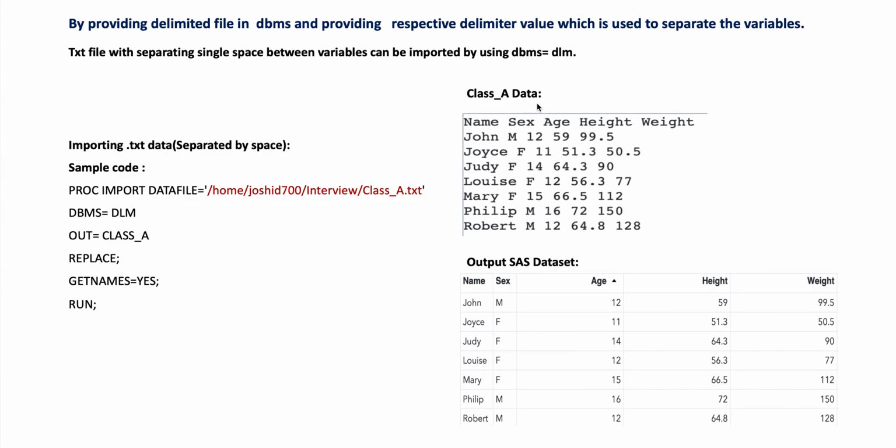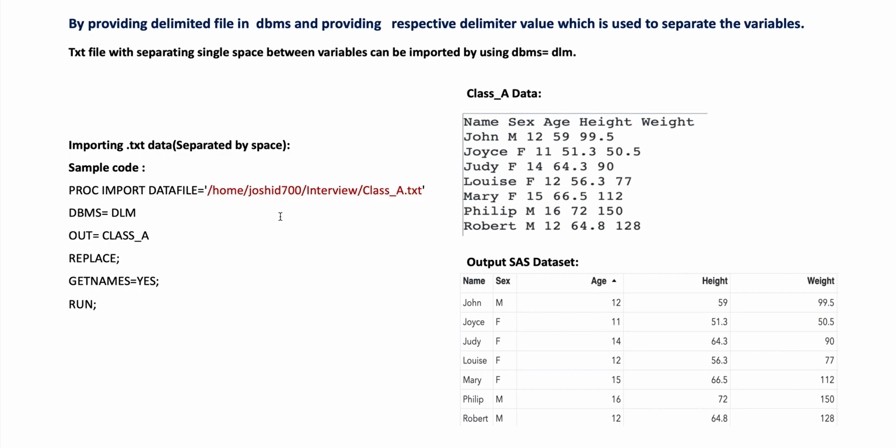Let me explain the first example. A text file with a single space separating the variables can be imported by using dbms equals dlm. A simple code is given here. Proc import datafile.